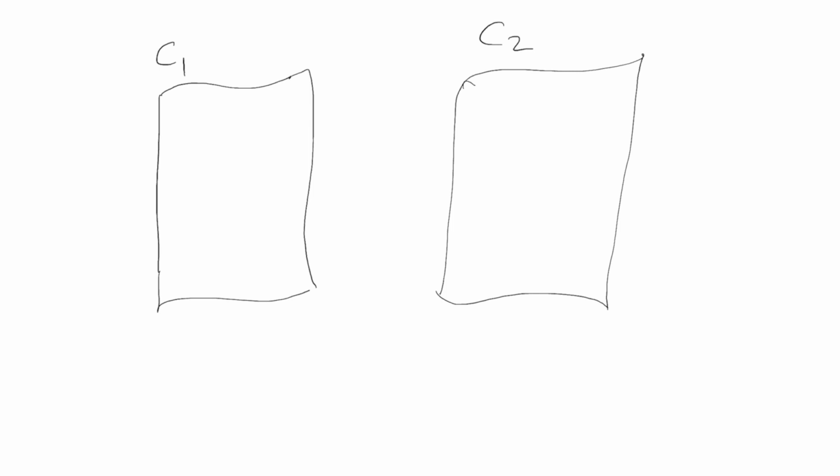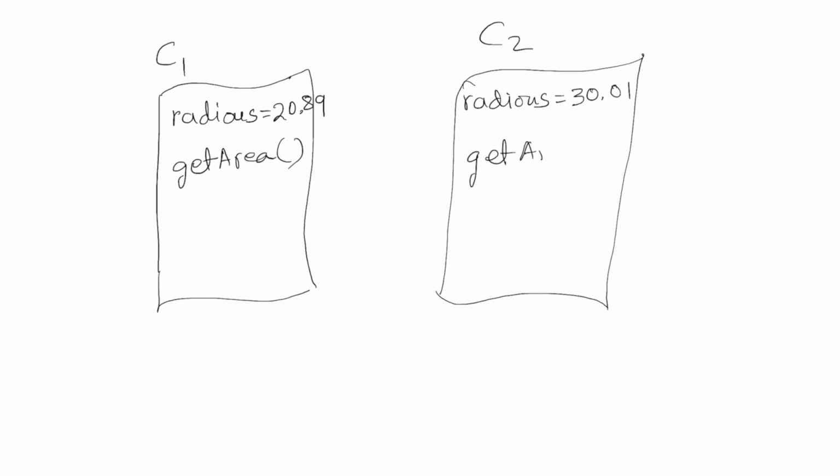In a circle instance, you have radius, and radius is equal to 20.89 for C1. For C2, it also has a radius variable, which is 30.01. C1 has a method named getArea. Also, C2 has a method named getArea.